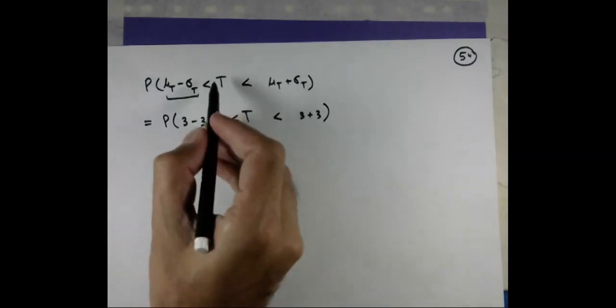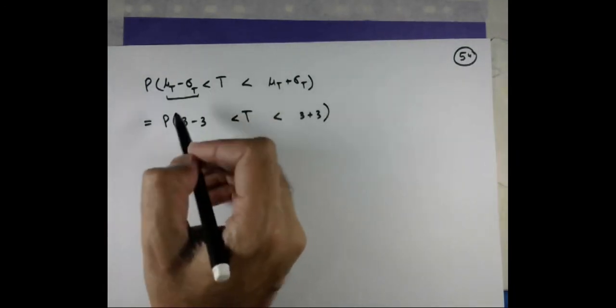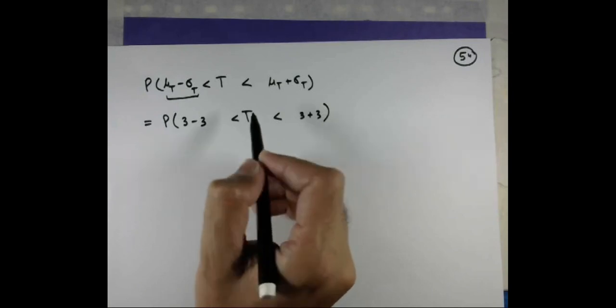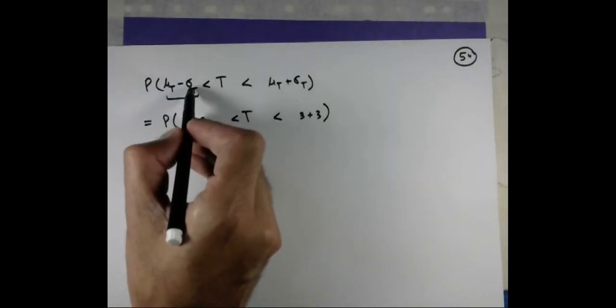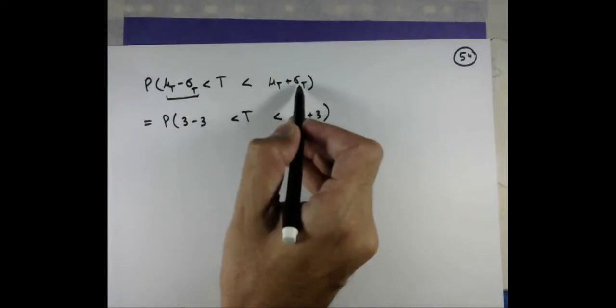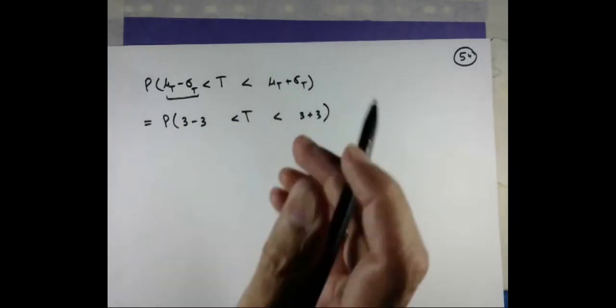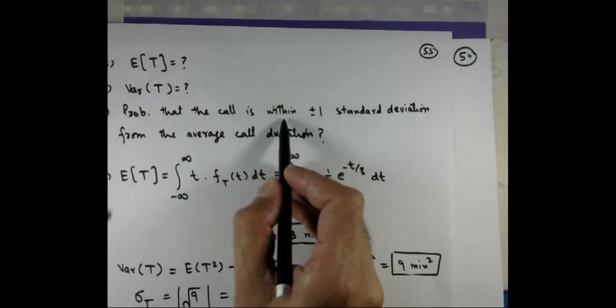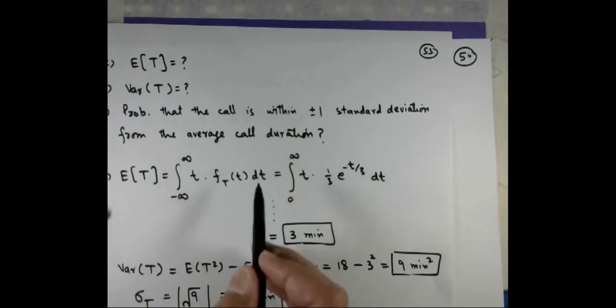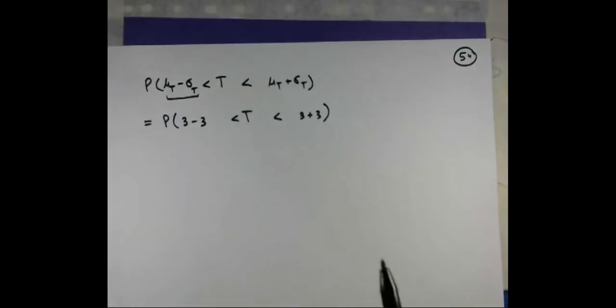What is the call duration is plus minus 1 standard deviation from the mean value. So mean value minus 1 standard deviation and mean value plus 1 standard deviation. This is what we mean by the call is within plus minus 1 standard deviation from the average, or the expected, or the mean call duration.